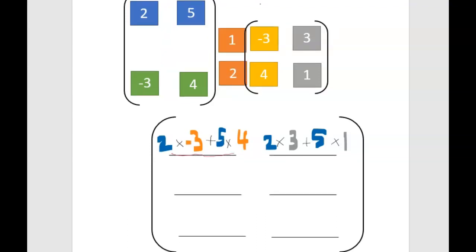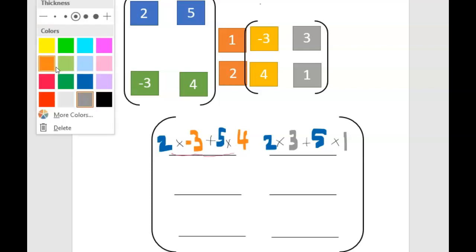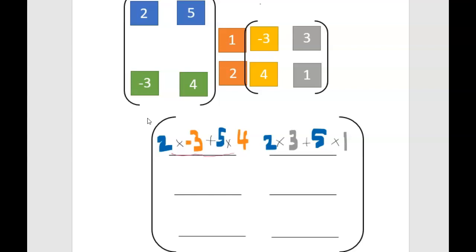You can see they're next to each other. I'm going to see if I can find a red, okay, crimson. So the 1 is now dancing with the -3, so it's 1 times -3.